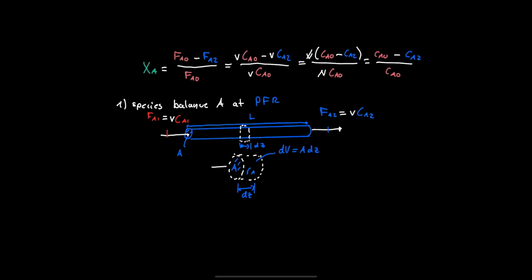On the left side of our segment, we have a molar flow rate, which is Fa at position z. So this would be the z coordinate here with position z, and here we would have position z plus dz. And leaving our segment, we have a molar flow rate of the species A at position z plus dz.